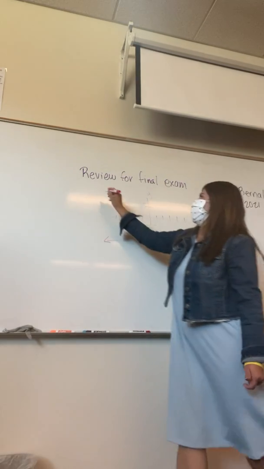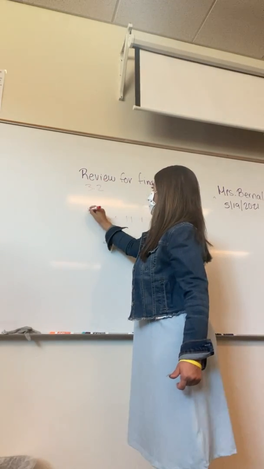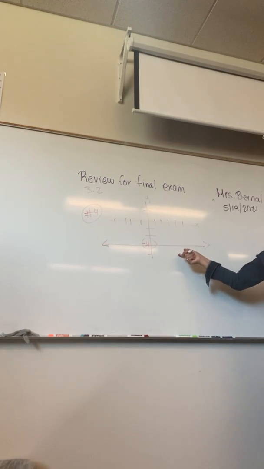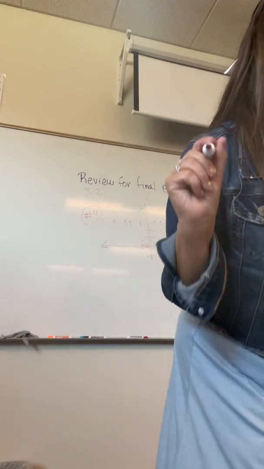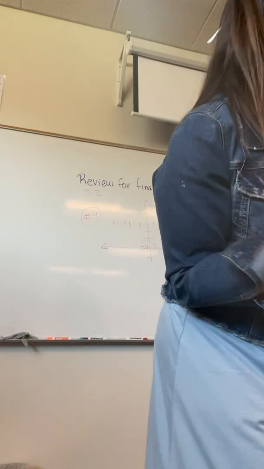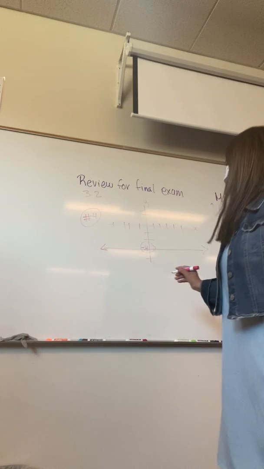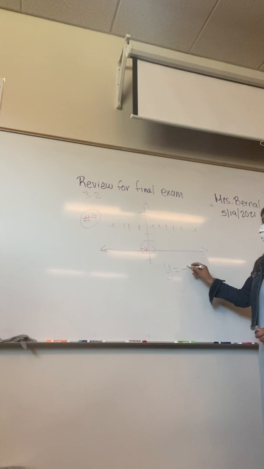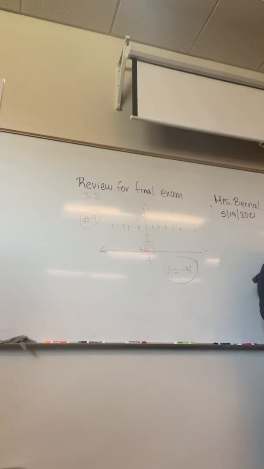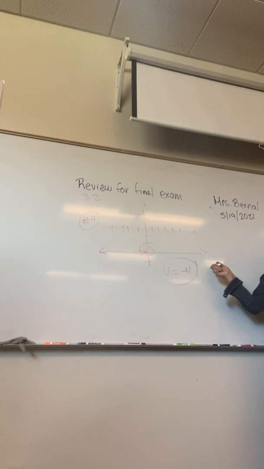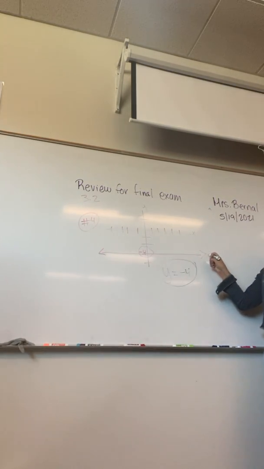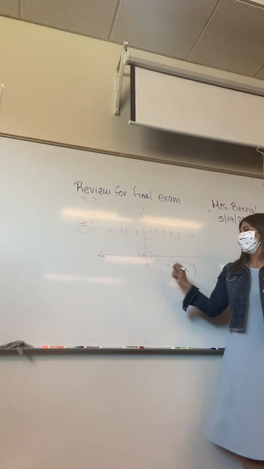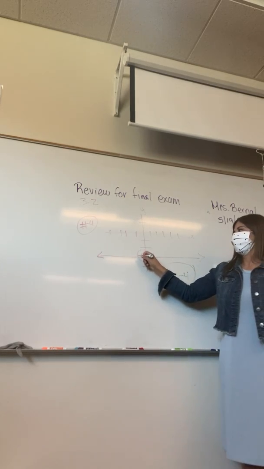I'm talking about 3.2, number 4. If you look at it, it's crossing the y at -4, okay? So your answer will be y = -4. I just want you to pay attention to this one. Here's the -4 right here, okay?